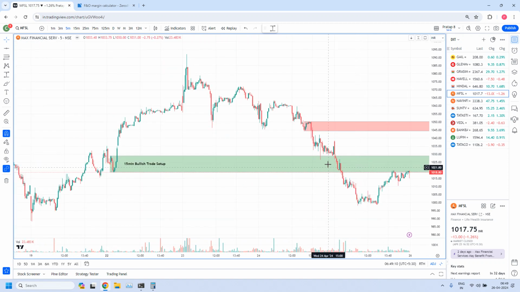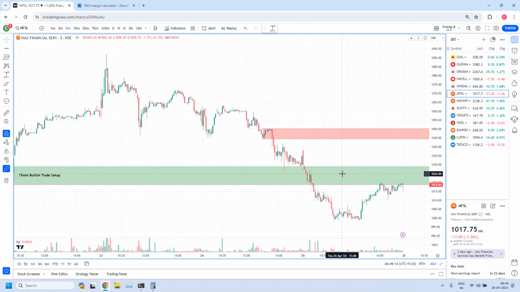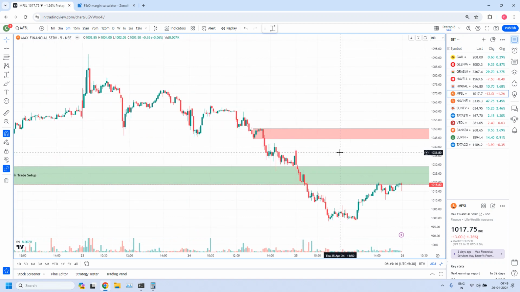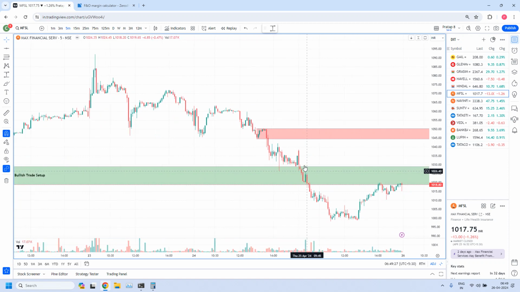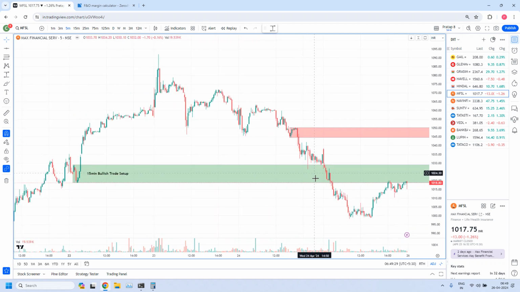You may ask a question, that means we get at least a minimum loss here, right? No, we won't get any loss. Why? There are two reasons. Reason number one, already this zone is a tested zone. When this was tested on Wednesday, we are looking for trades on Thursday. So we don't consider this zone. Even if it is not tested, you would not have taken the trade.